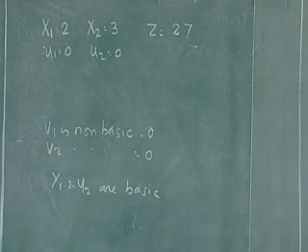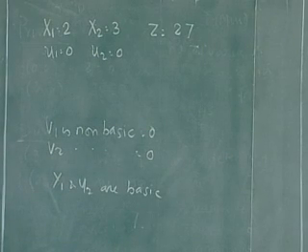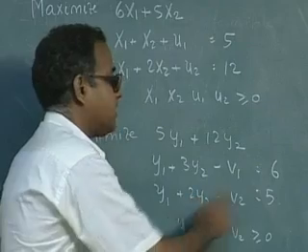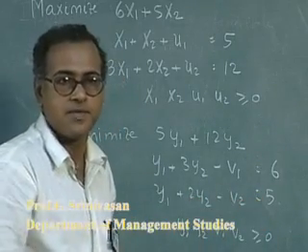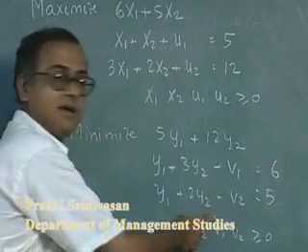So all we need to do is go back and substitute v1 equal to 0, v2 equal to 0. If we solve y1 plus 3 y2 equal to 6, y1 plus 2 y2 equal to 5, the values that y1 and y2 will take are optimal, and they turn out to be 3, 1 with the value 27.